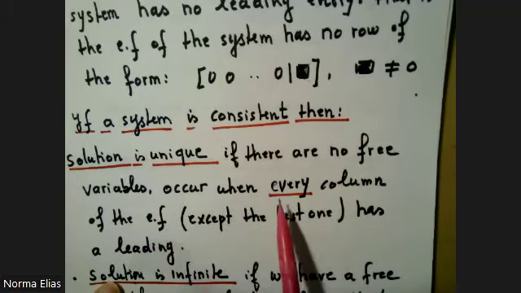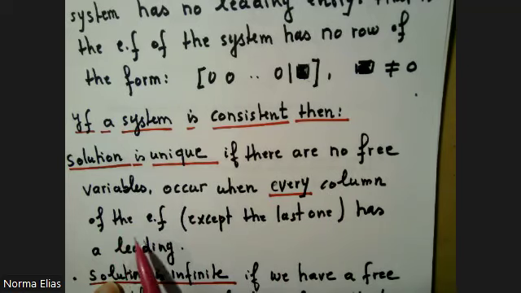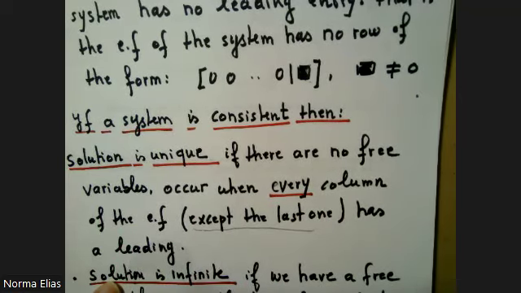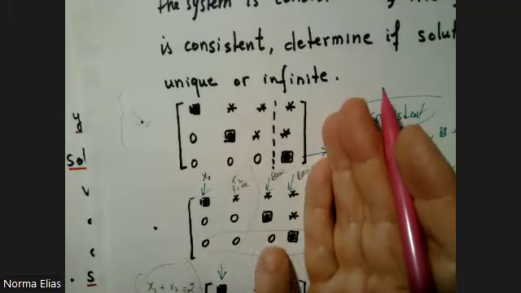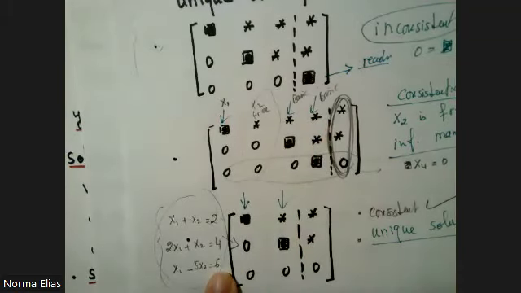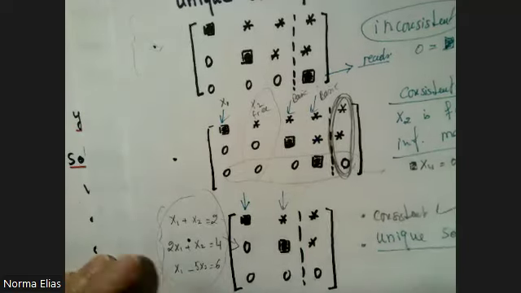This will occur when every column of the echelon form, except the last one, of course, the rightmost, that's not what we care about, has a leading entry. So if every column of the coefficient part has a leading entry, like this scenario, then the solution is unique, granting consistency.